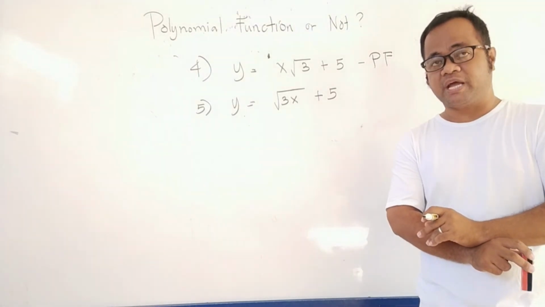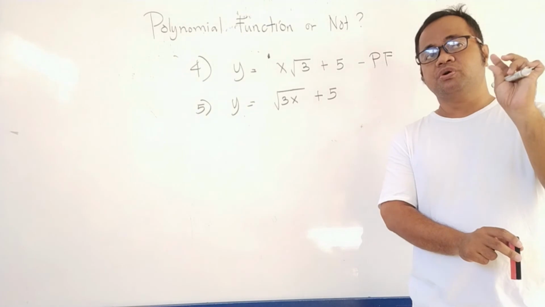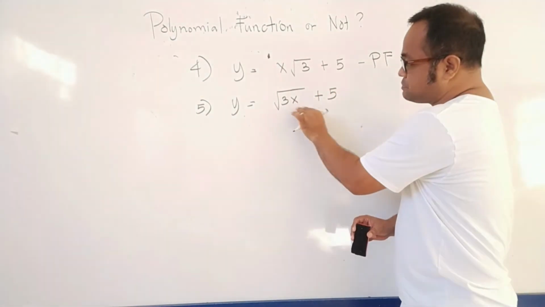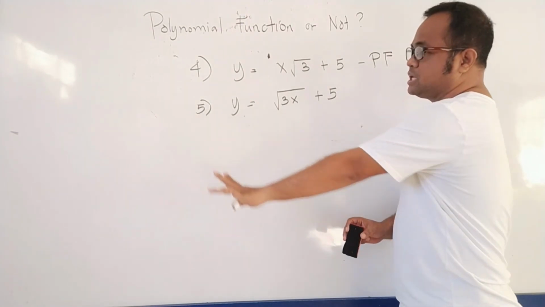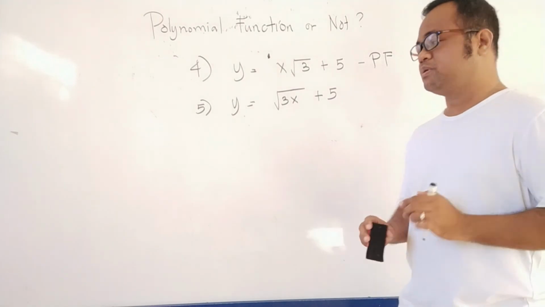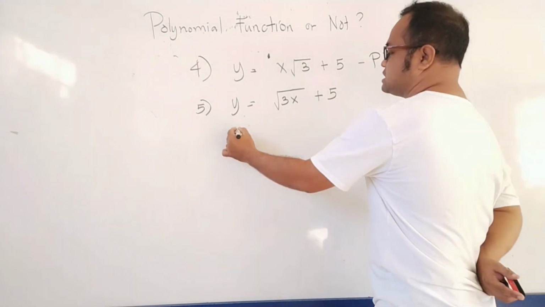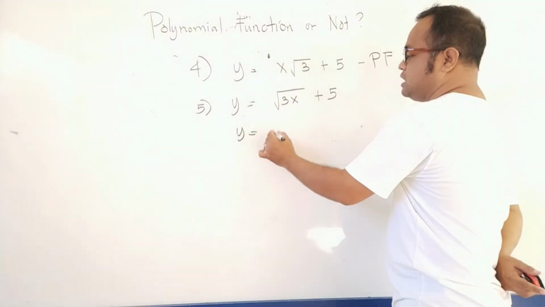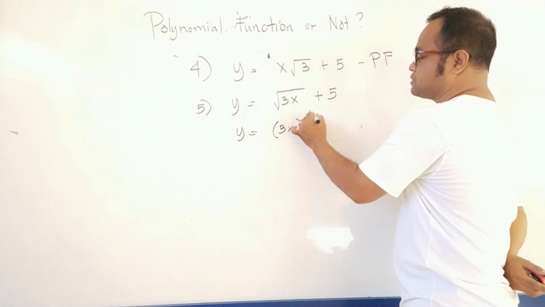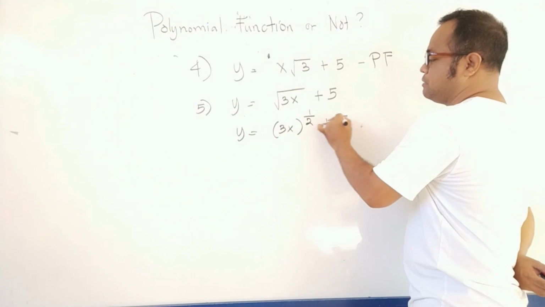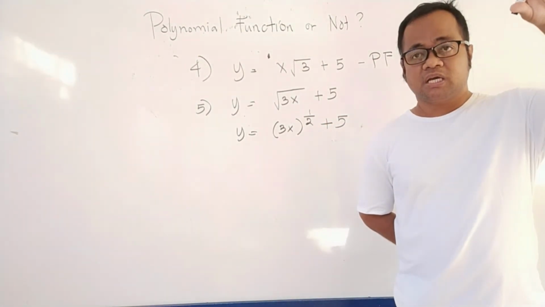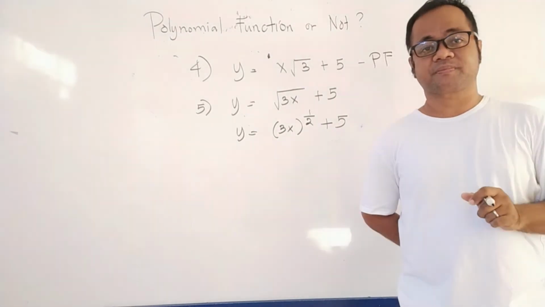And remember that if you rewrite this equation in exponential form, you can also write this as y is equal to the quantity of 3x raised to 1/2 plus 5. Remember, square root means raised to 1/2.